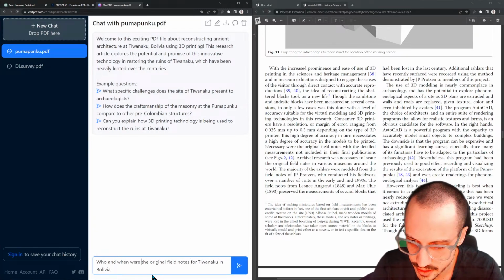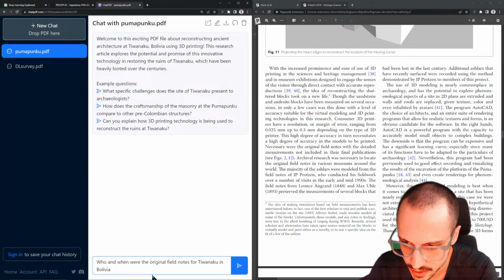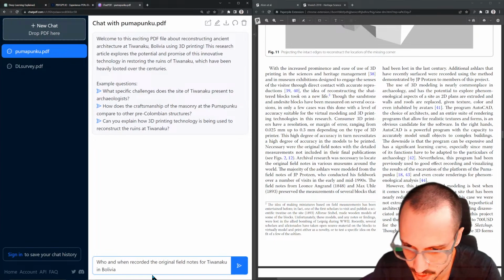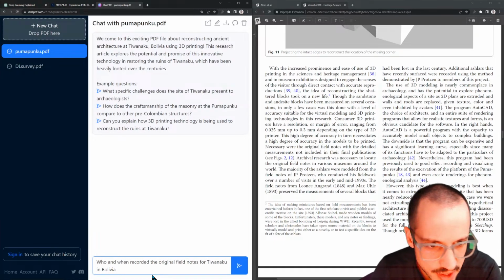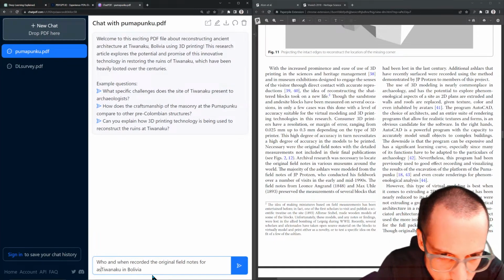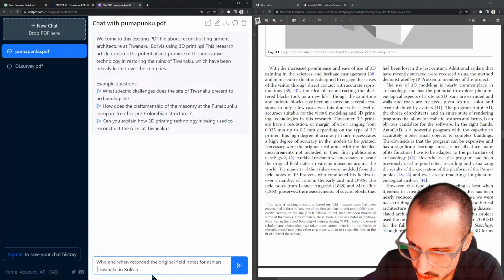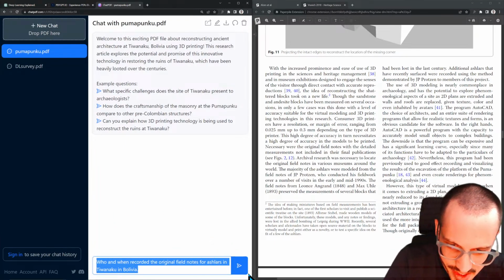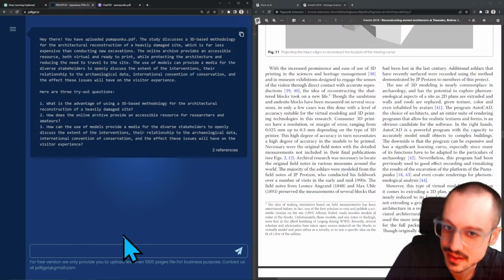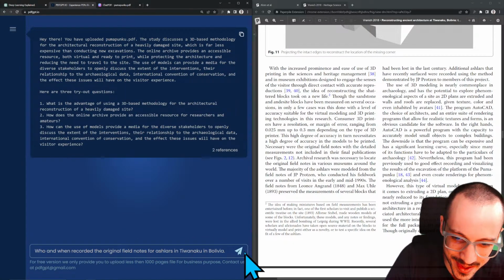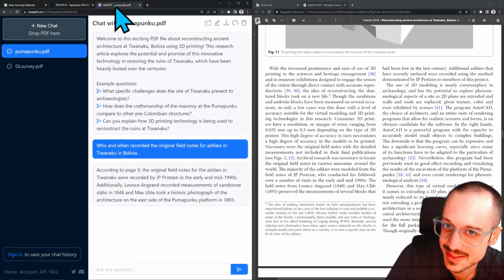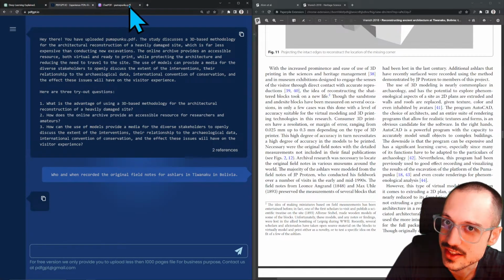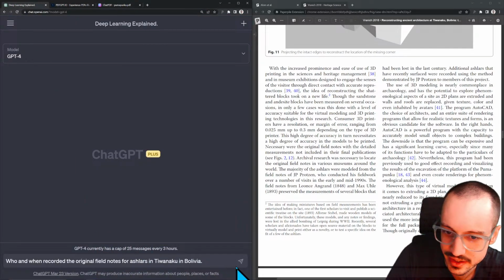Who and when recorded the original field notes for, what do they call them, blocks? Ashlars in Tiwanaku in Bolivia. Okay, if ChatGPT gets this, I don't know what I'm gonna do. I'm gonna have to leave this house. Okay, so let's put it in there.